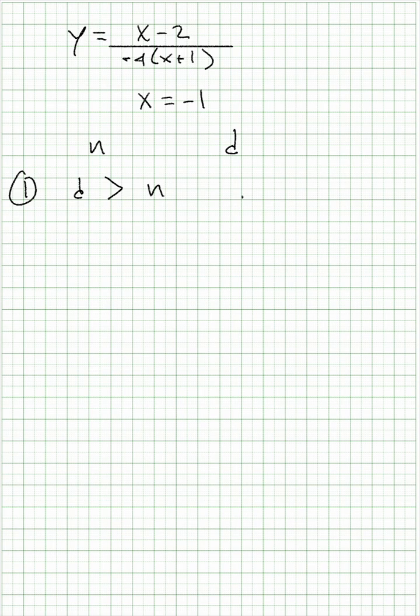For example, if we had something like x squared plus 2x minus 1 over, okay, in this case, the highest degree of the denominator is 3, right? Which is bigger than the highest degree of the numerator, 2.